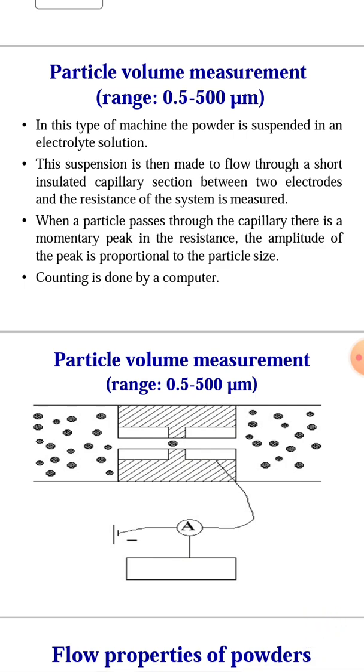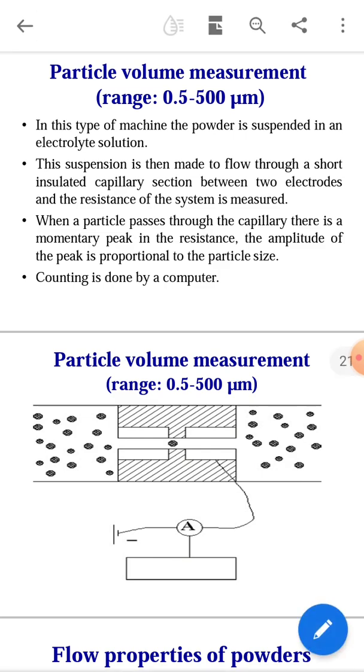The suspension is then made to flow through a short insulated capillary section between two electrodes, and the resistance of the system is measured. When a particle passes through the capillary, there is a momentary peak in the resistance, because electrical current is always passing between the two electrodes.